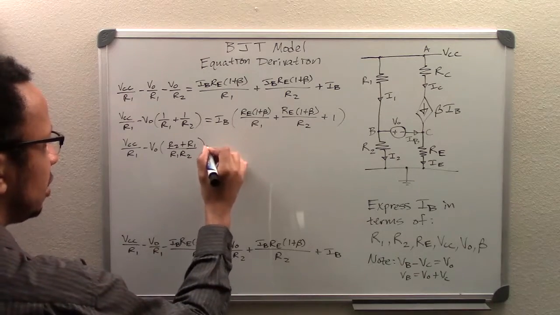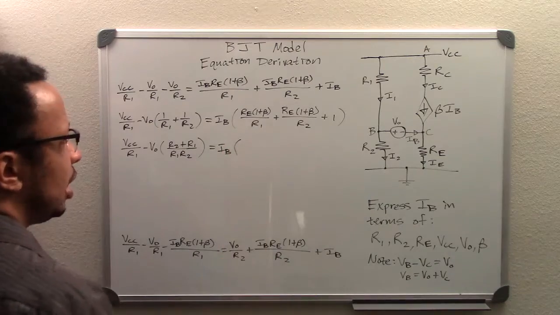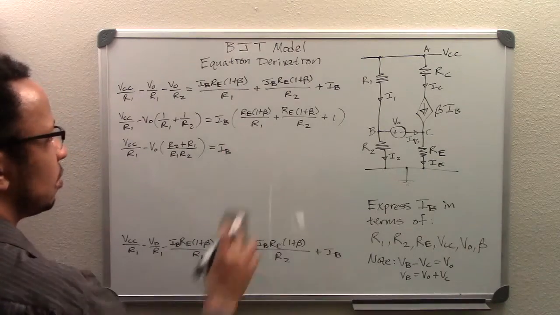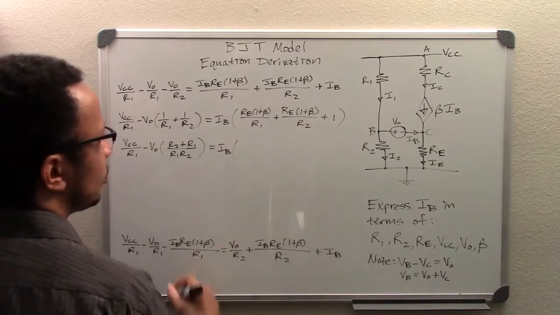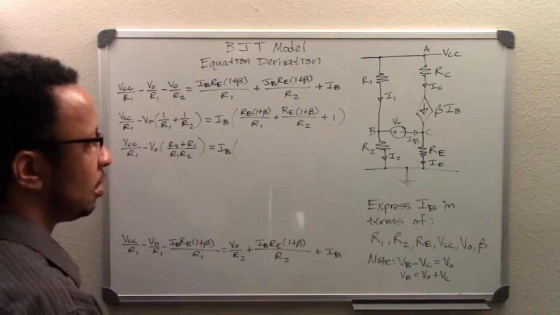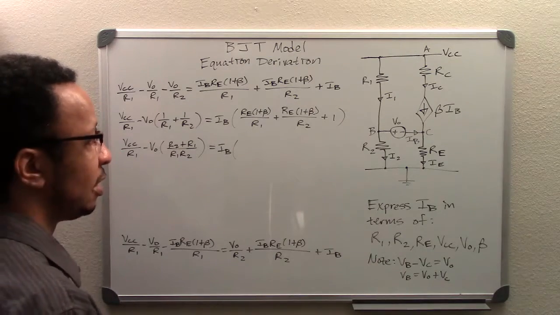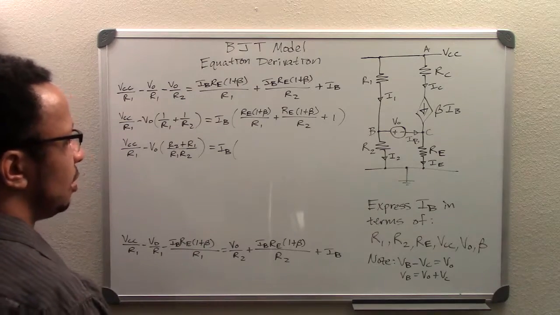And so now we have IB, and the very next thing we're going to do is start to add all of this up. The common denominator that we're going to have here in order to add this up is R1 times R2, just like what we have over here.